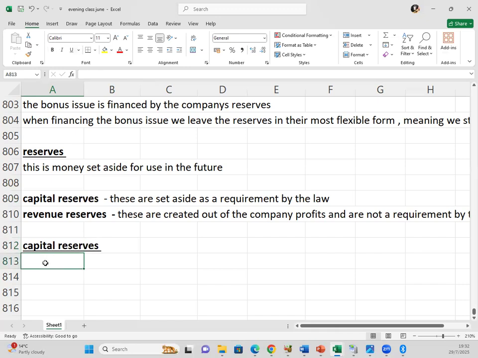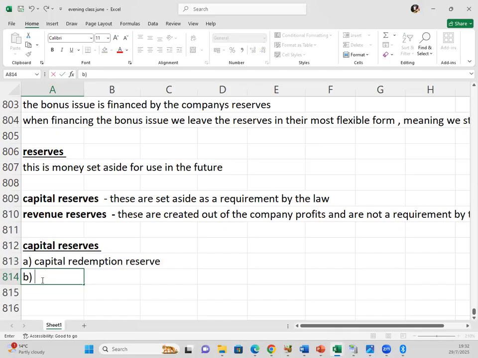We can look at reserves such as what we call the capital redemption reserve. This is a reserve created when we are redeeming shares. Remember, we said we have redeemable preference shares. When we are redeeming those shares, we are required to create what we call a capital redemption reserve.